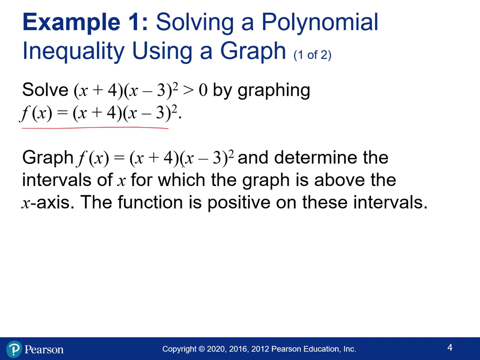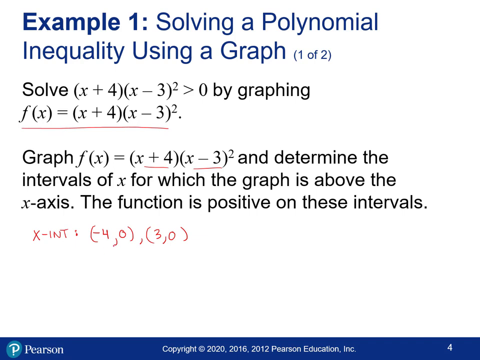Okay, so graphing this function, it's already factored for us, so let's talk about a little bit of the things that are going to go into the graph. We have our zeros or x-intercepts when we set each factor equal to 0, and so we're going to have an x-intercept at (-4, 0) and also at (3, 0), and that's from these two factors here.